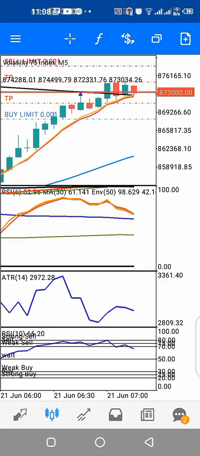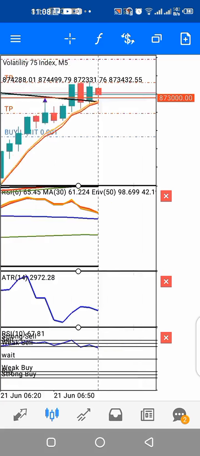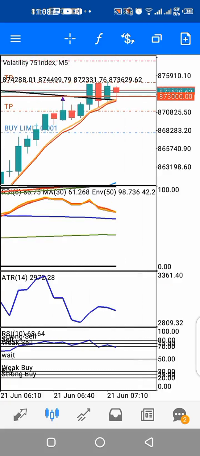But currently price is ranging, and after some range, price normally breaks out, may break out to the top or to the bottom. But it is important to wait, study price action, know when to pull the trigger, and then go for it.